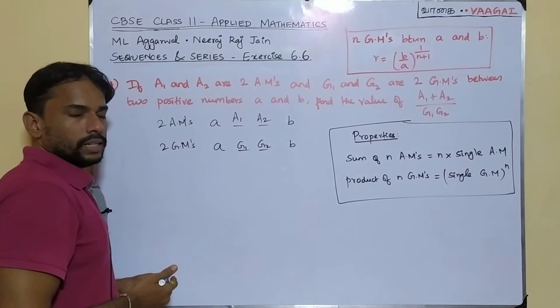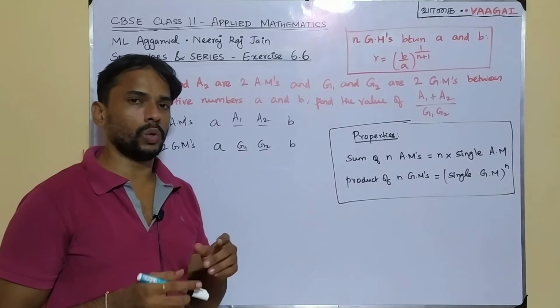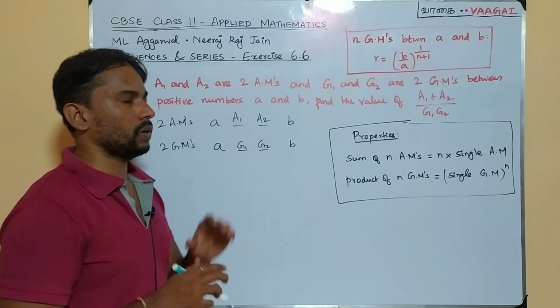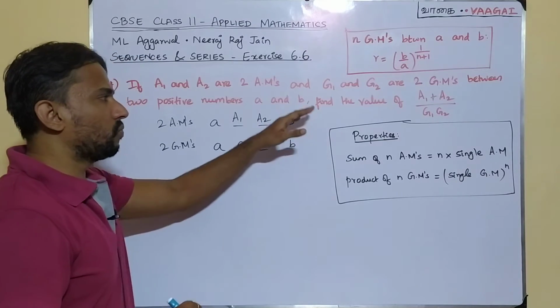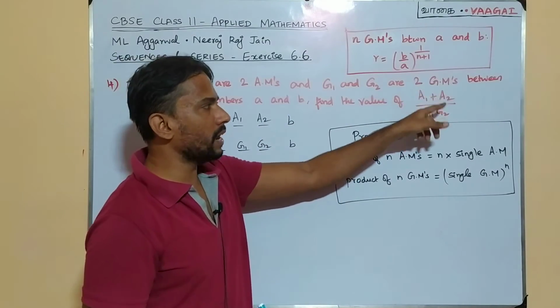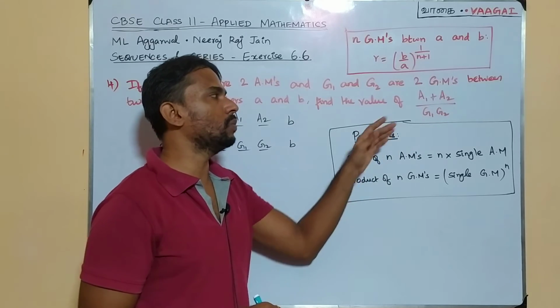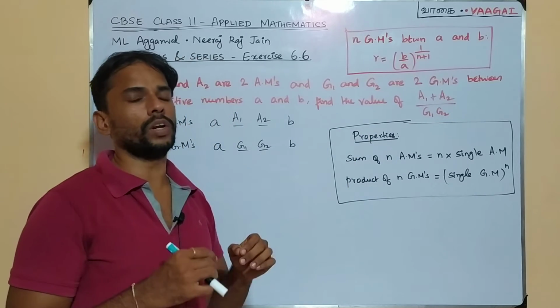Likewise, you are inserting 2 AMs and 2 GMs between A and B. Then what is the question? Find the value of (A1 plus A2) whole divided by G1 G2.